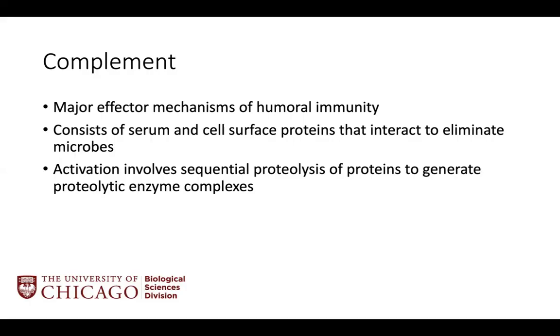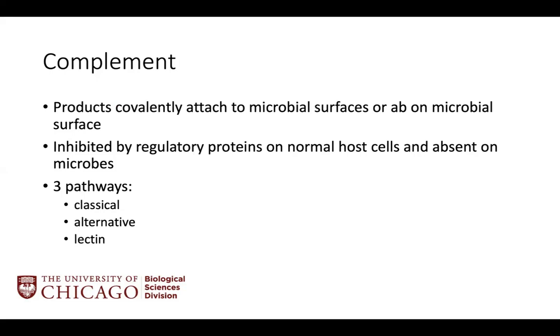So it's just a cascade where you get proteolysis and a new enzyme complex, and proteolysis and a new enzyme complex, and so on and so forth, to make several different effector functions. In general, the products will covalently attach to a microbe surface or antibody on a microbe surface. It is started through 3 distinct pathways: the classical, alternative, and lectin.